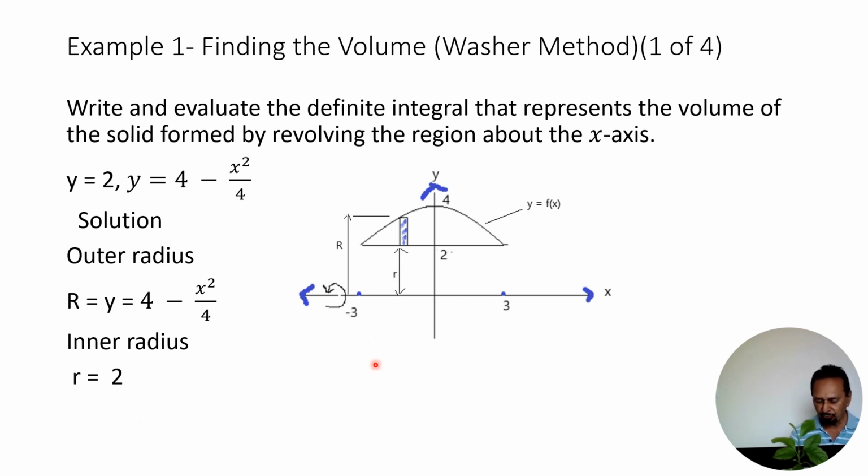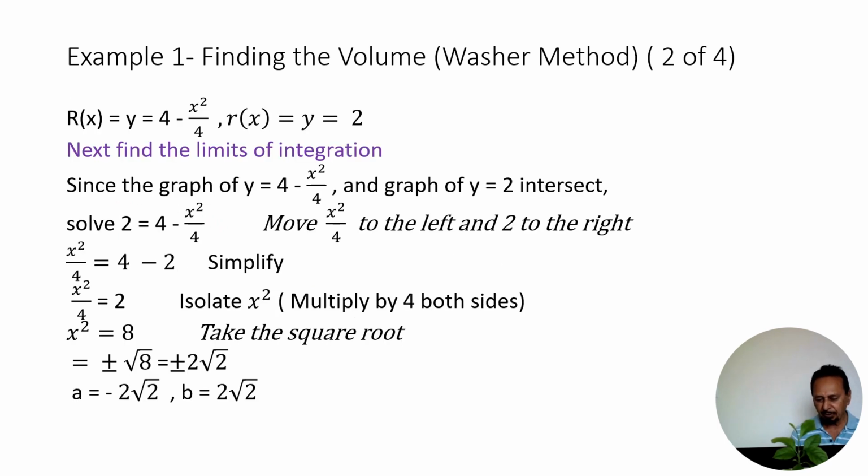Next, we're going to find the boundaries, the a and b values. Since this boundary crosses this one at this point and this point, we can solve these two equations by setting them equal to each other.